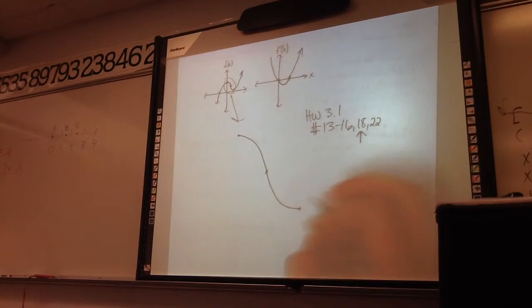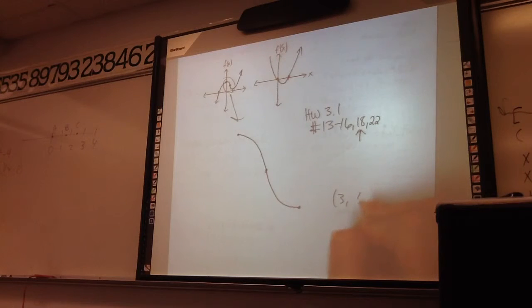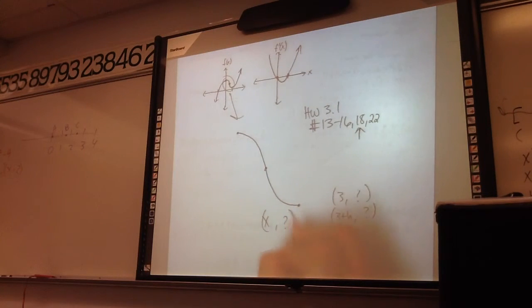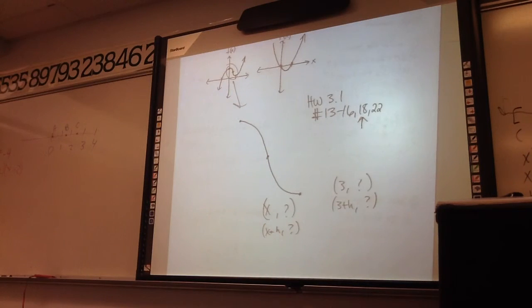I don't want you to do 3 plus h and then just go straight and get your slope. I want you to do x plus h. Use it to get an equation, and then plug in 3 in the equation you get. Make sense?